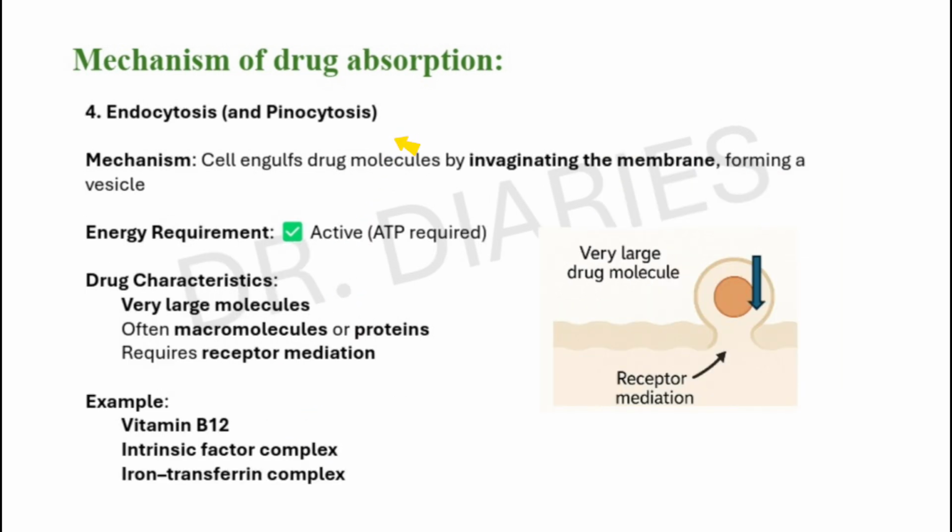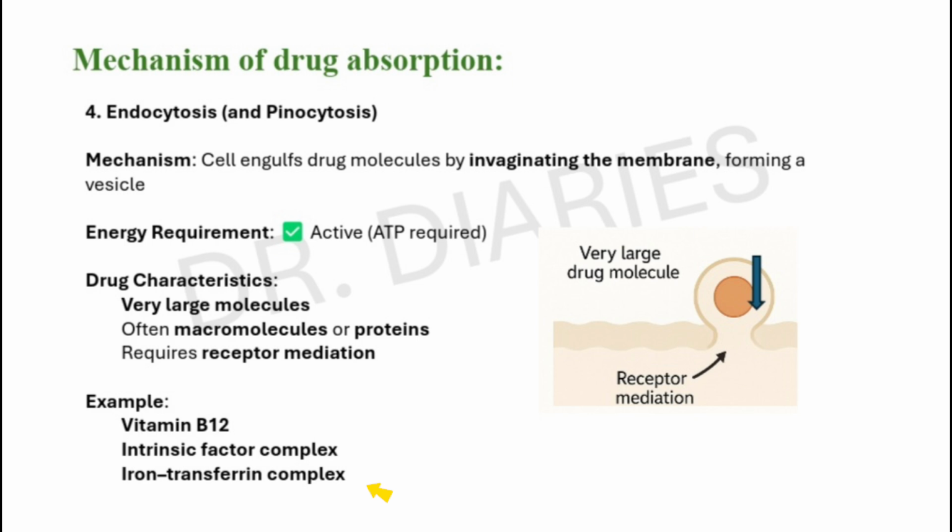4. Endocytosis, pinocytosis. A type of active transport where the cell membrane wraps around the drug molecule, forming a vesicle that brings the substance into the cell. It uses energy in the form of ATP. Drugs should be large molecules, macromolecules, protein drug complexes, drugs that mimic endogenous ligands.